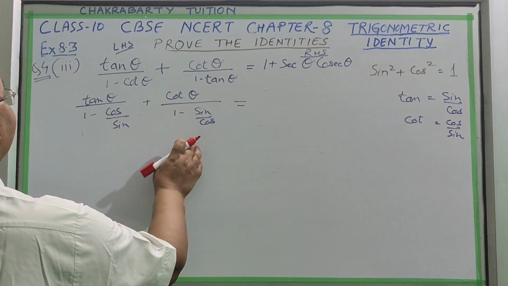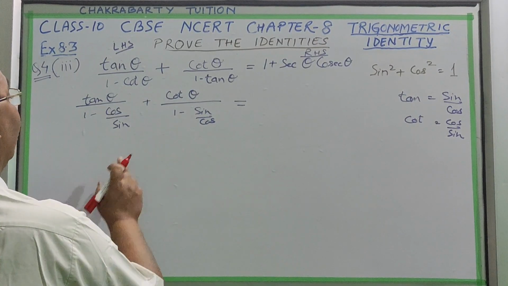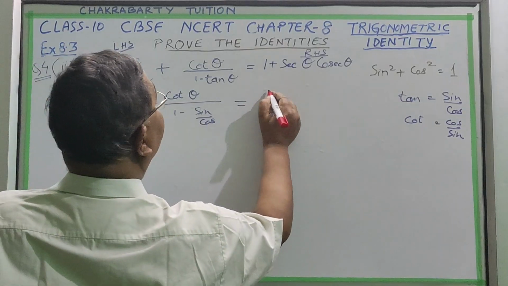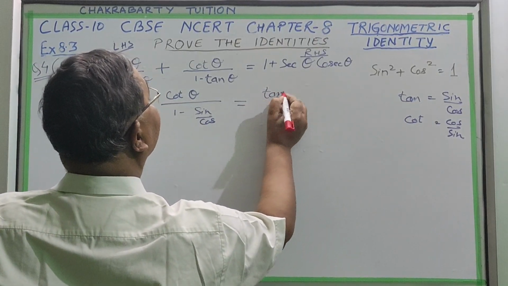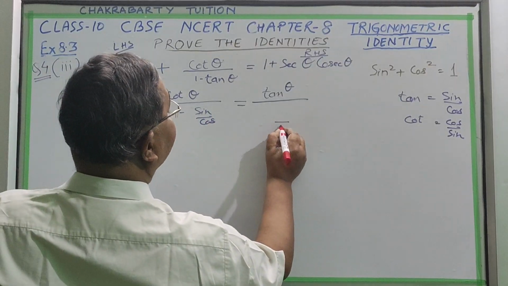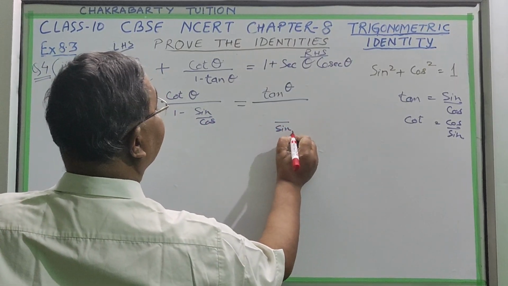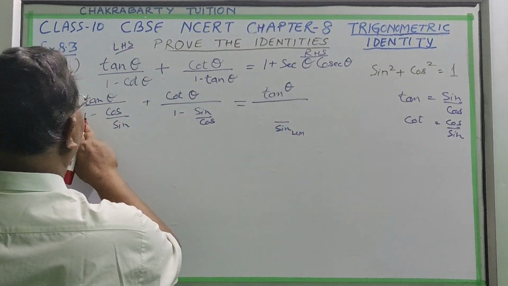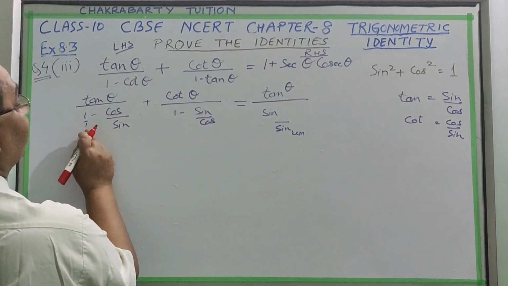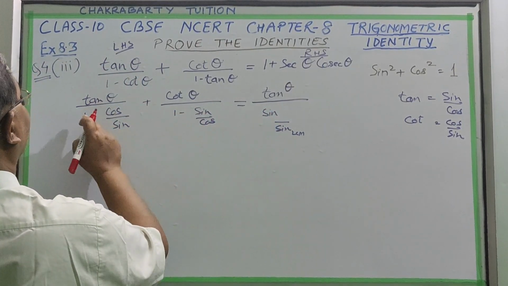Okay, so here now we will take LCM of it and LCM of it also. So tan theta, we can write the LCM sine. This is your LCM, so 1 will become sine, because 1 upon 1 is there, 1 will divide sine and sine will multiply 1.